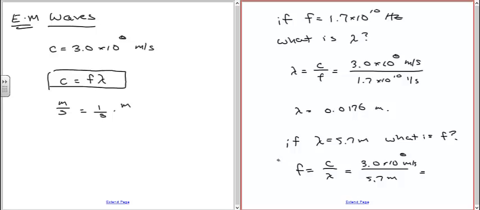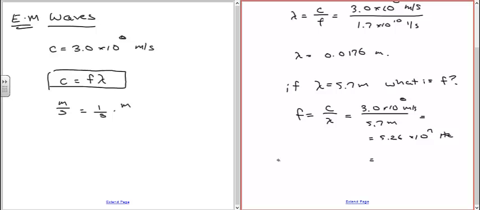So it's 5.26 times, and I want you to put this in scientific notation, so 1, 2, 3, 4, 5, 6, 7. So it's 10 to the 7th hertz. So it would be 92.6 megahertz, because a mega is 10 to the 6th. So if I take this and divide by 10 to the 6th, I'll get 92.6.